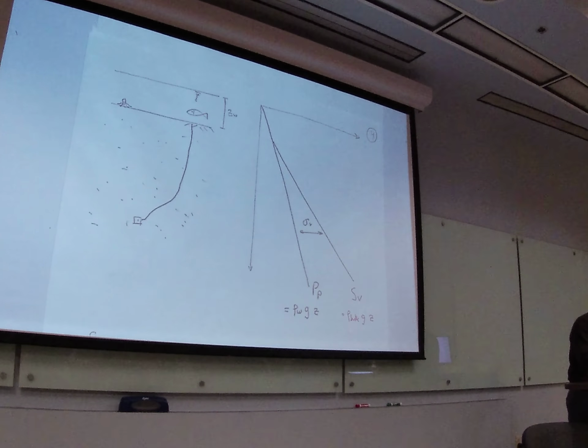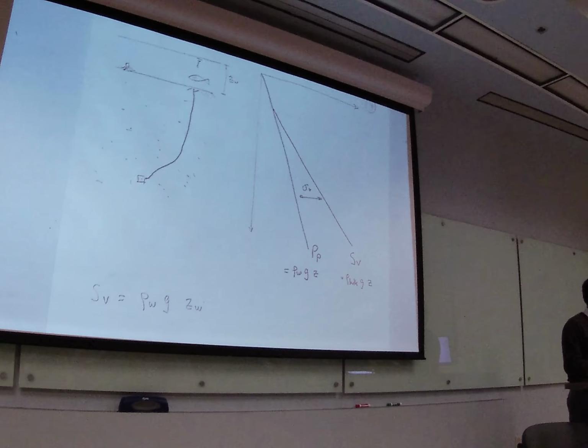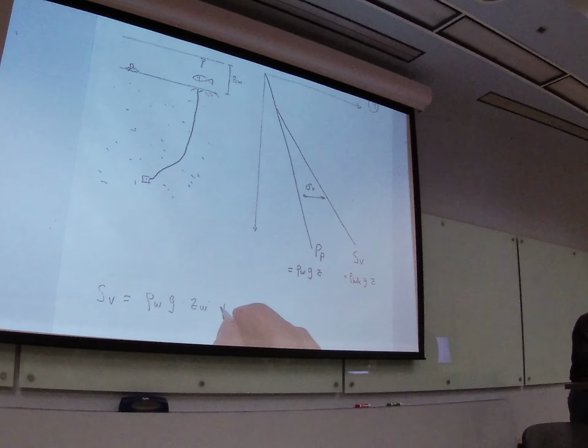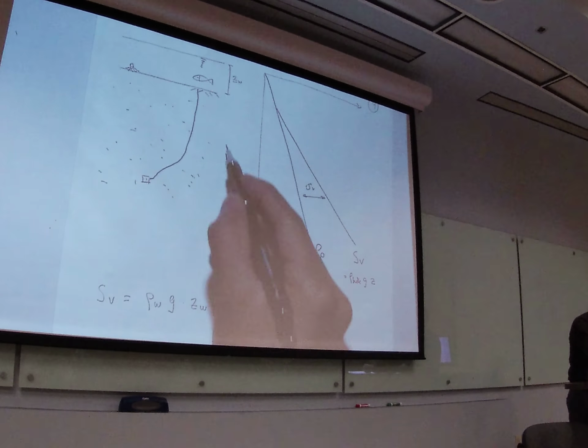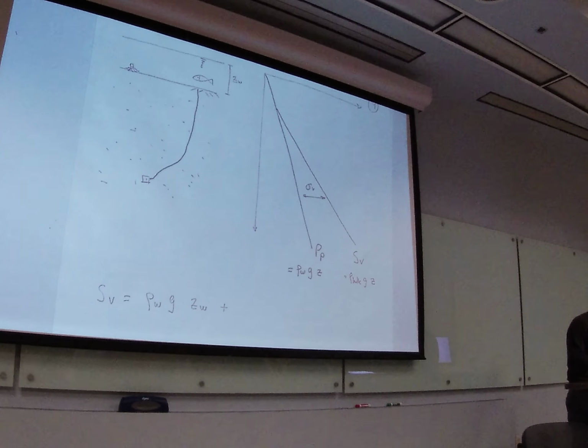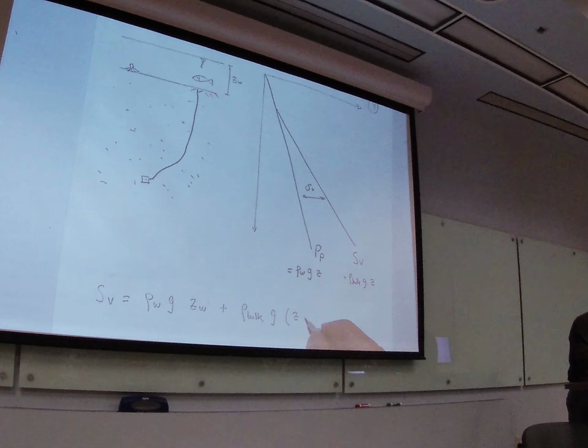SV is going to be equal to the density of water times G times the depth of the water, plus, if we assume all this density is the same, the bulk density of the rock times G times the actual depth minus the depth of water.